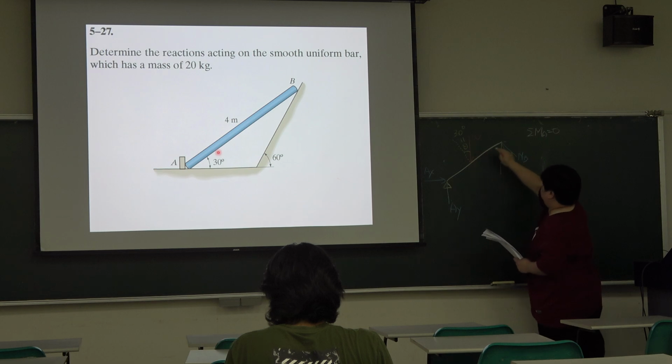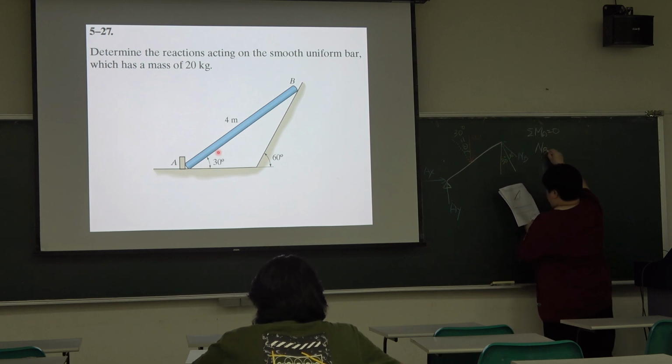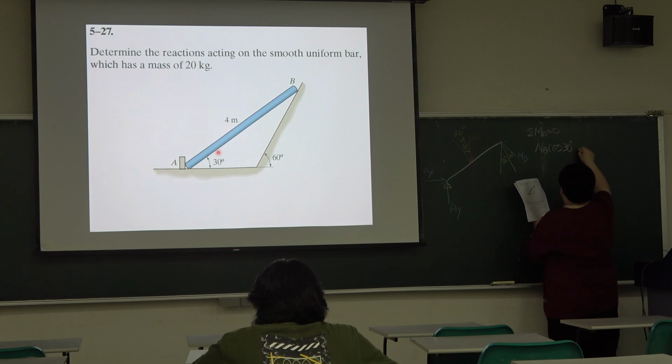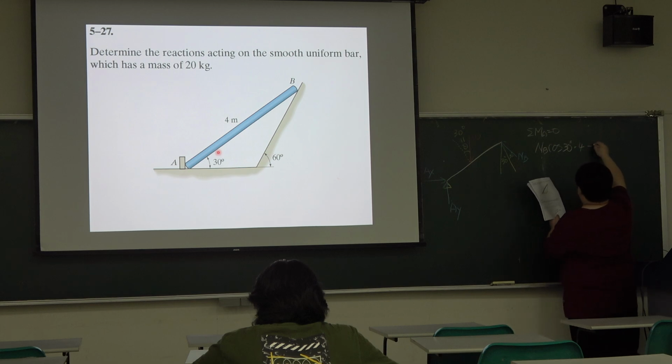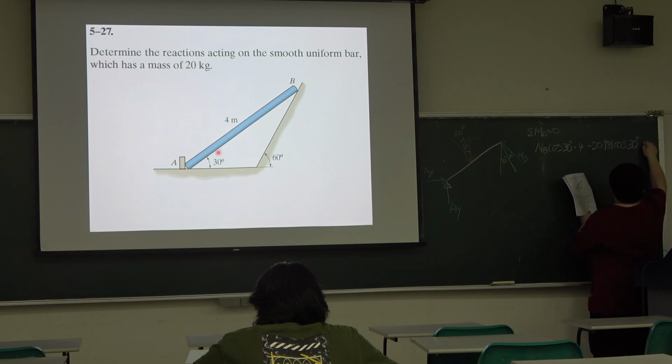Use this force and this force to calculate the moment about the point A. So MB cosine 30 times the moment arm, minus the weight force, 20 times 9.81, times the moment arm, is equal to 0.